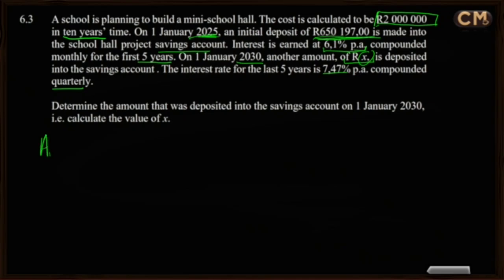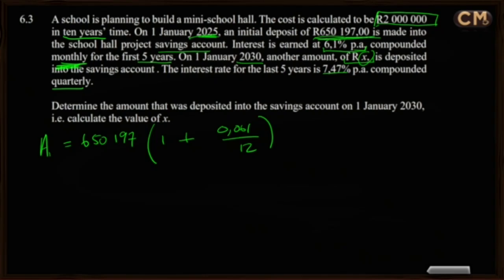That's our first amount, I'm going to have a subscript of 1 over there. And then our principal, of course, is 650,197 rand. That is, of course, what's this formula? 1 plus 0.061 divided by 12, because it's compounded monthly, as they say.